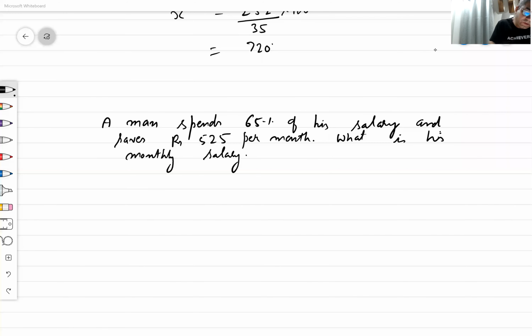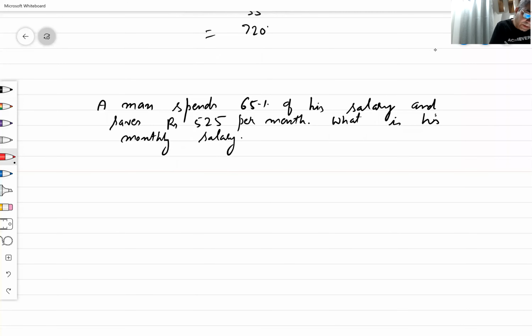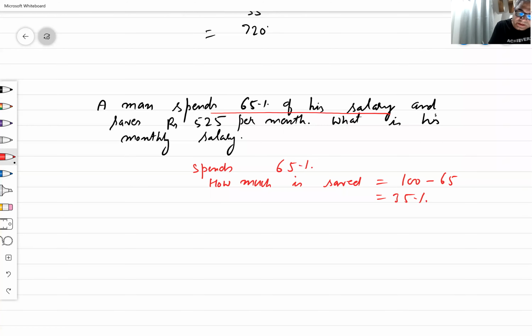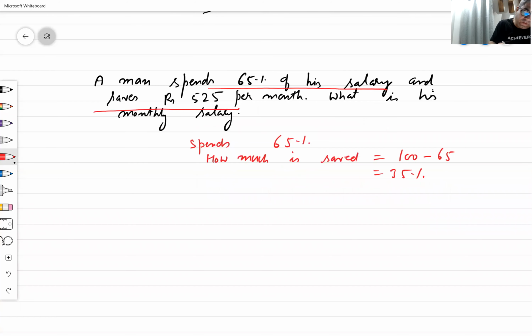So how will we solve? The man spends 65% of his salary, so the rest is saved. How much is saved? If the salary is 100%, that means 100 minus 65, that means 35% is saved. Now it is saying this 35% is equal to rupees 525.